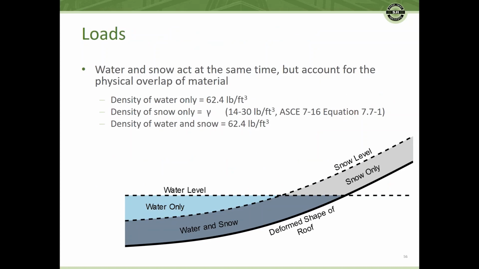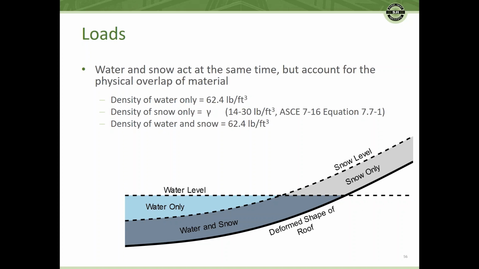Given that the snow and water are acting at the same time in these load combinations, and that these two loads represent physical quantities of material, it does make some sense to account for the overlap. The density of water only is 62.4 pounds per cubic foot. The density of snow only can be estimated as somewhere between 14 and 30 pounds per cubic foot based on an equation in ASCE 7.